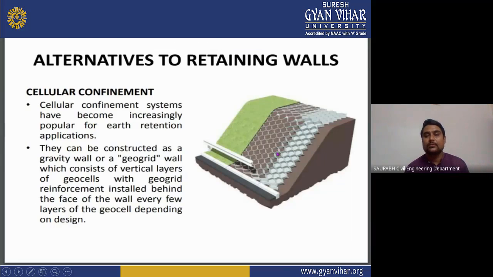Now we will also learn about the alternative to the retaining wall. Cellular confinement systems have become increasingly popular for earth retaining applications. They can be constructed as a gravity wall or geogrid wall, which consists of vertical layers of geocells with a geogrid.